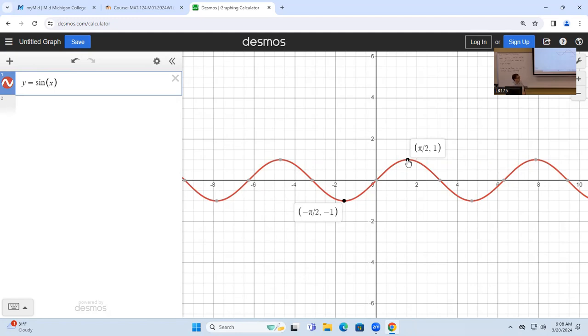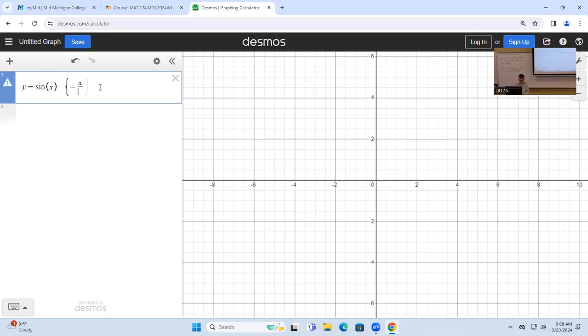So every number between -1 and 1 as the output, but where I don't have any repeated outputs. And so what we do is we restrict our sine to exactly what I just had there, from negative pi over 2 to positive pi over 2.